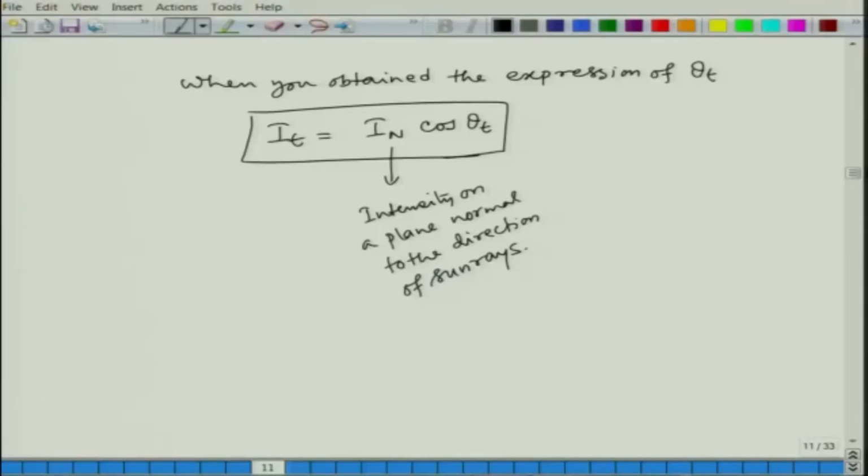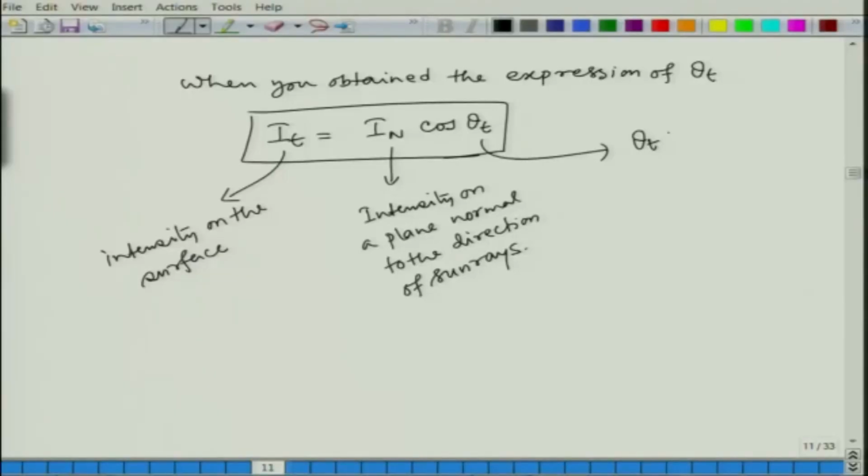Okay. That is why no O is there, but N still remains because it is normal to the direction of radiation, and this is the intensity on the surface that may or may not be perpendicular, right. It can have any other orientation, and the linkage between this IN and IT is coming through this theta t, which is the angle of incidence.